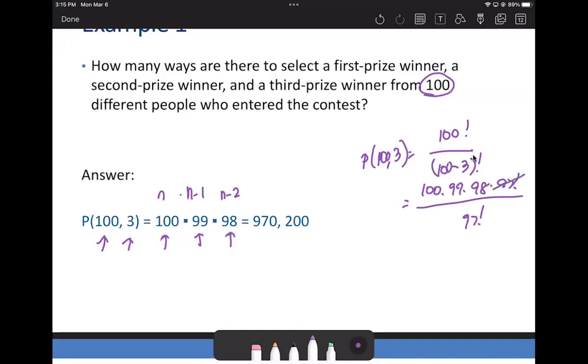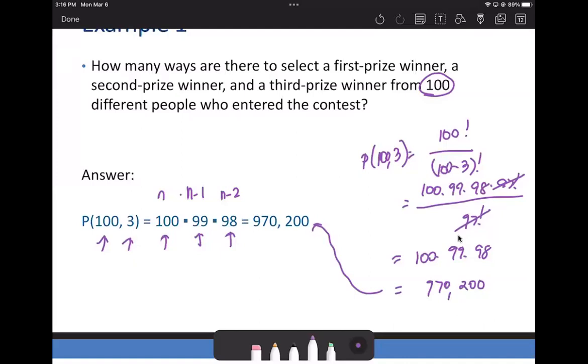So this will be canceled out. So we will be left with 100 times 99 times 98, which is also equivalent to 970,200, which is equal to this part. Okay? Gets ba yung solution? Nakuha niyo ba yung solution? Okay.